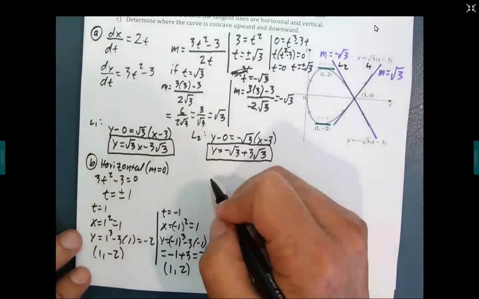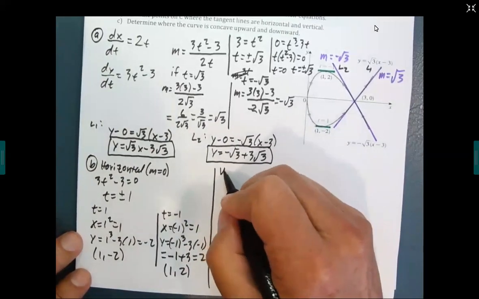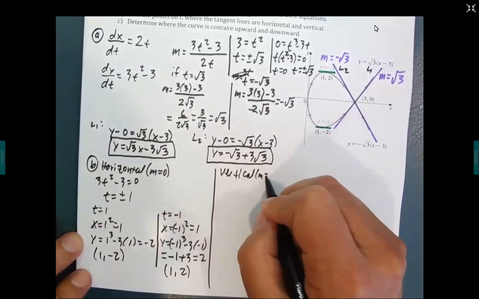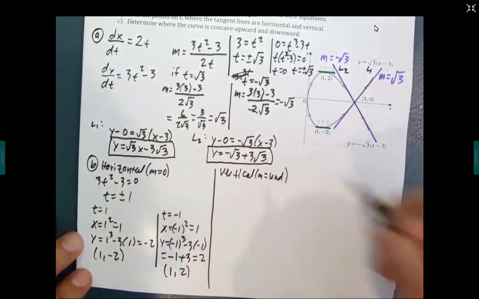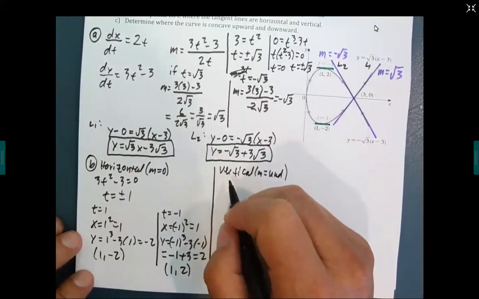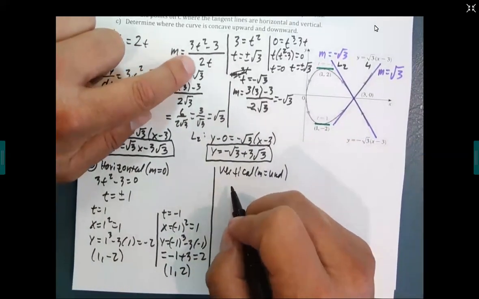So let's talk vertical. That's when m is undefined. So that basically is, when is the denominator equal to 0? So I'm going to take the denominator.